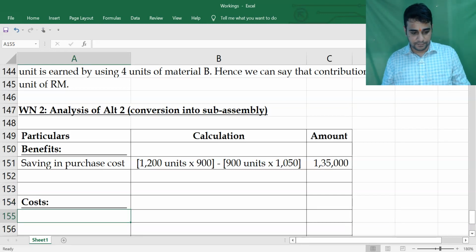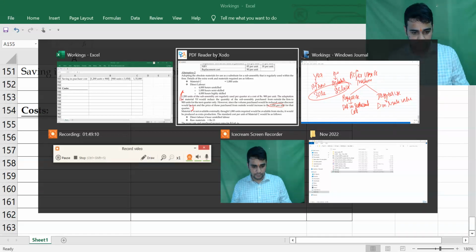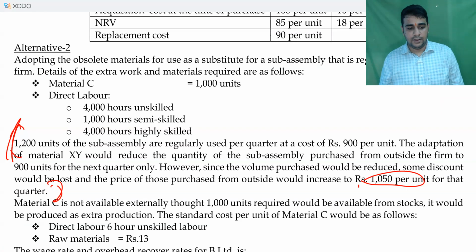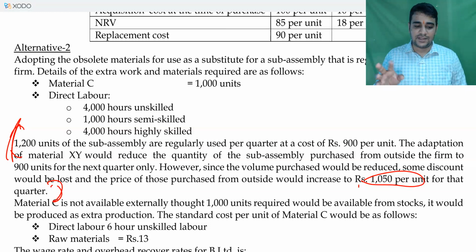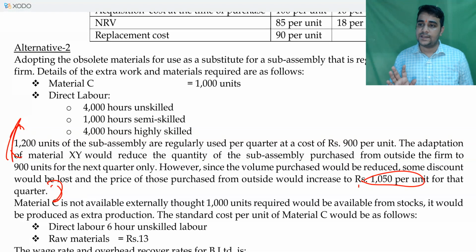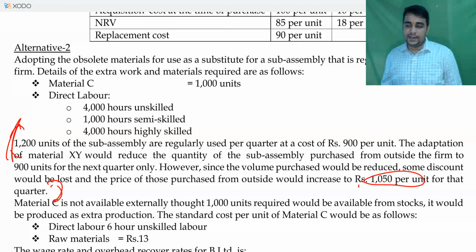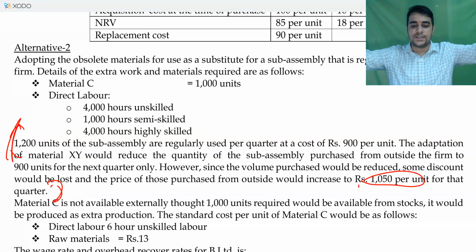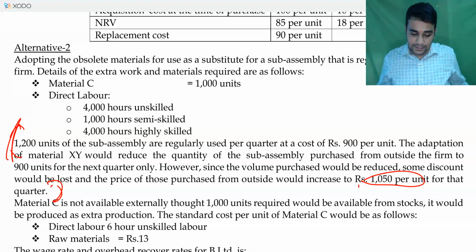Costs. They have given the cost to you. Material C, some unskilled labor, semi-skilled labor, highly skilled labor. Material C, some extra information is there. I give you some 4 minutes. Write whatever you want to do in your notebook. We'll discuss in 4 minutes. Please keep writing everything.